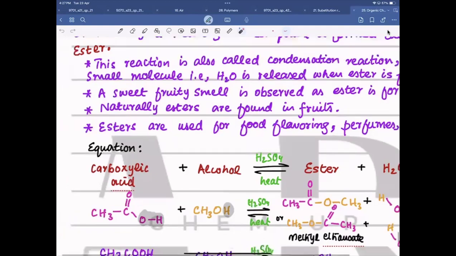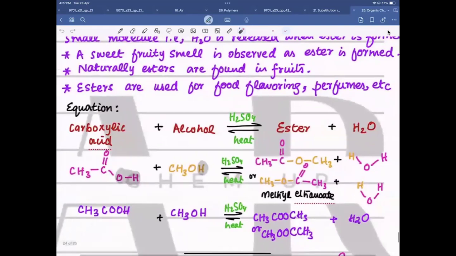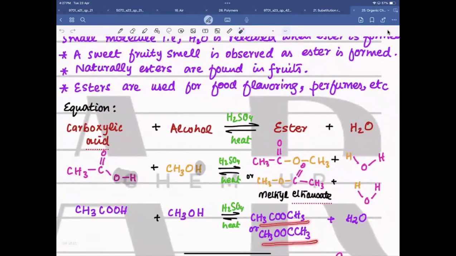Okay. Now see, this is the equation where we have written the normal structural formula of the ester. So this part is methyl and this is ethanoate, and in this equation also, this part is methyl and this is ethanoate. If any one of you has any confusion, please tell me.